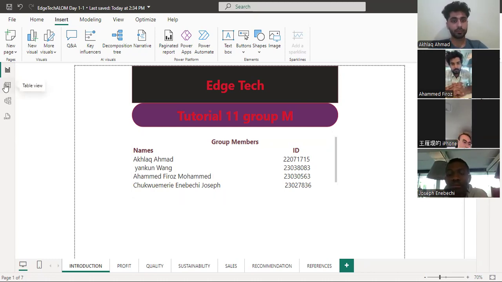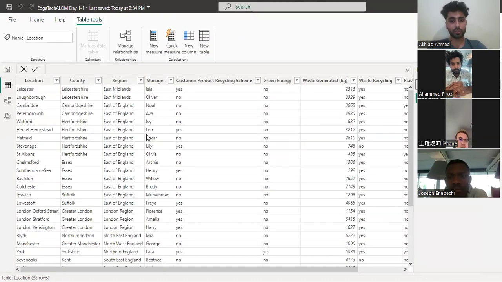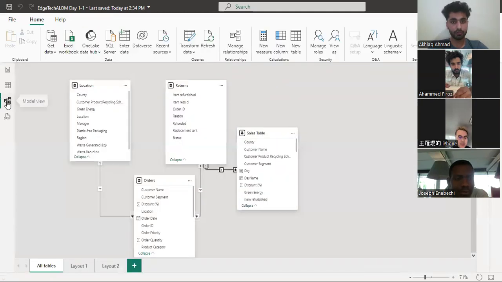Firstly, if we look to the table, this is our table data. We have locations, ordered, and returned tables, three tables. Okay, so let's move to the model view. This is our model view. In this, most of the things are connected. If we look at the location, then the location is connected to the orders, if you can see it here.